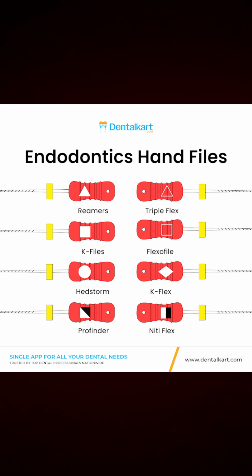Modification of H file: Safety Hedstrom. It is an H file with a non-cutting side in order to prevent ledging in the curved canals. Hyflex file: present as S shape instead of a traditional single helix teardrop cross-section of the Hedstrom file.